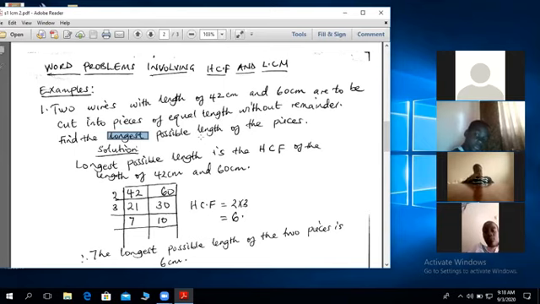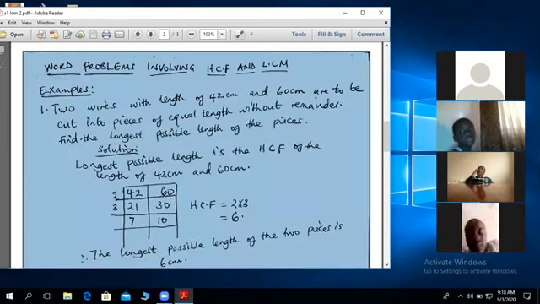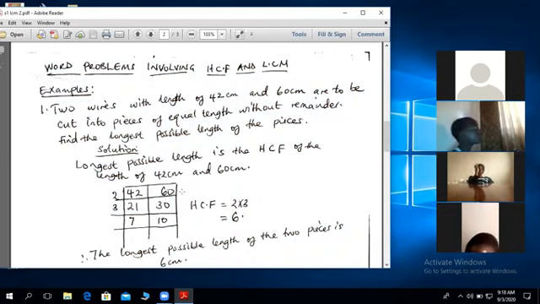So the longest possible length that can be got from these two wires, members, it is the same as you finding the highest common factor. So the longest possible length is the highest common factor of the length of 42 and 60 centimeters.